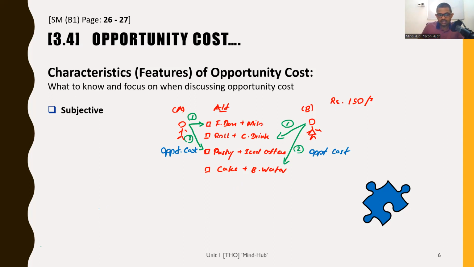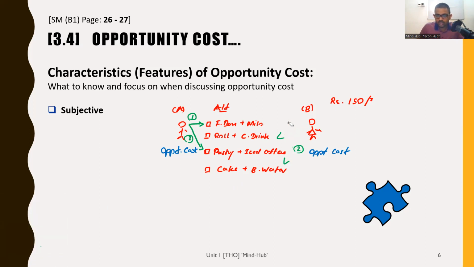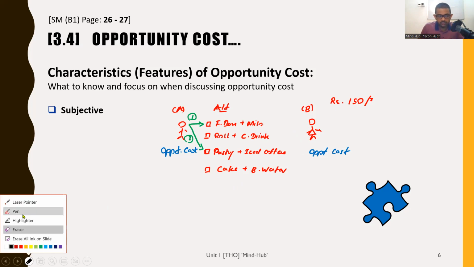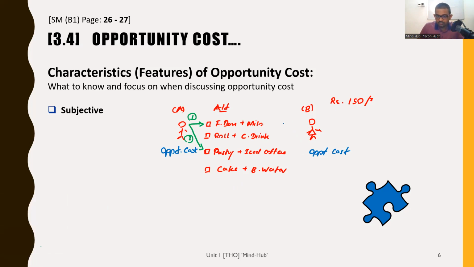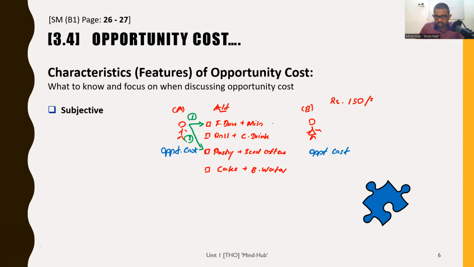Now we'll quickly change this a bit to explain another reason why we say it's subjective. We'll keep A constant below. We'll say when it comes to B, B also chooses fish bun and Milo as the first, and pastry and iced coffee as the second.